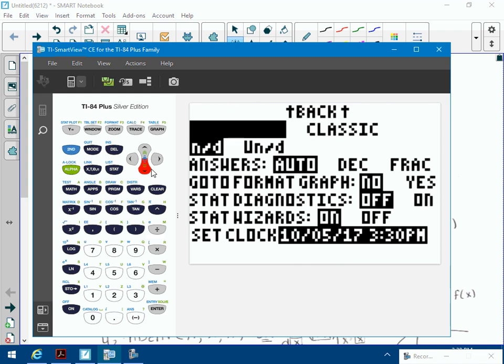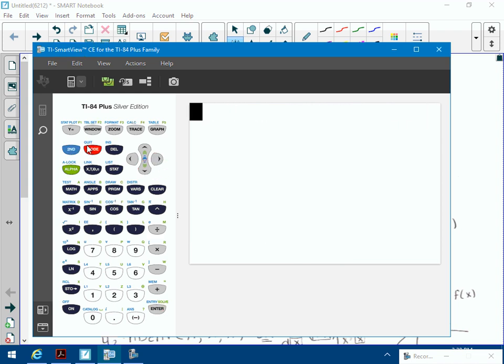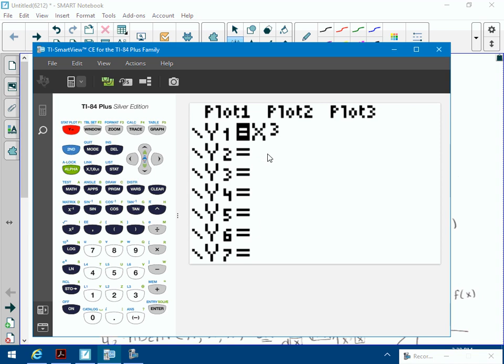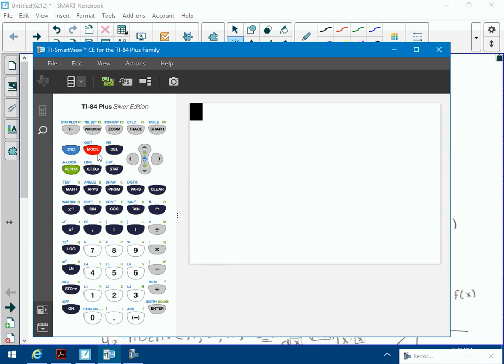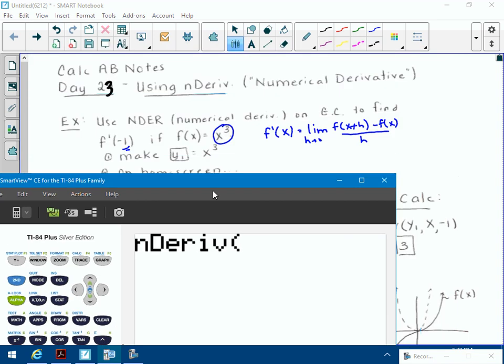If I go down to, switch over. First step still the same. I'm going to go y equals, put in x cubed. But then when I go math 8, we get a screen that looks like, oops, didn't mean to do that. When I go to my home screen and go to math 8, it says nDeriv now, and you have to know the order to type stuff in.